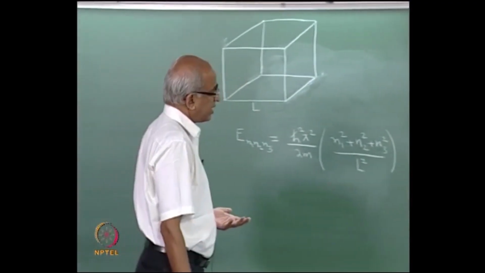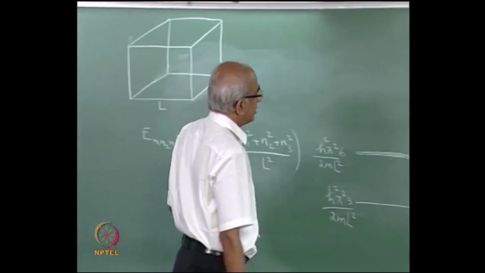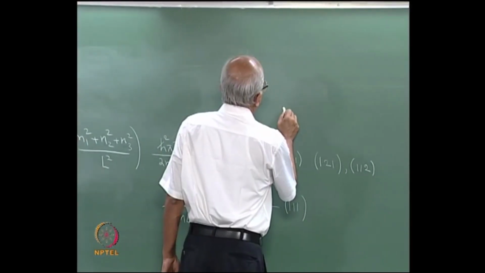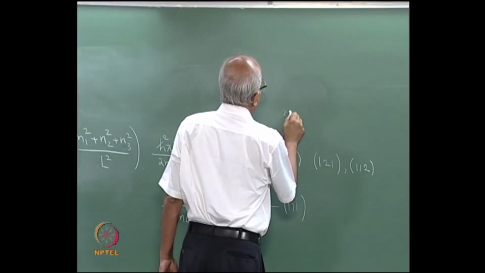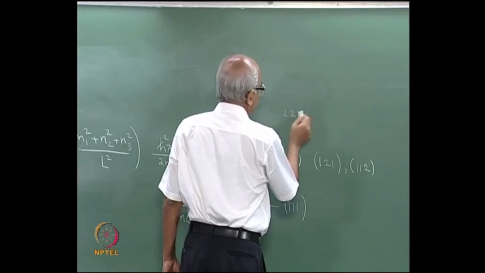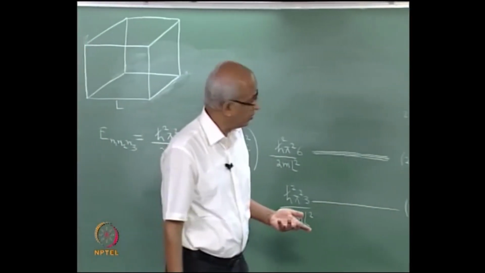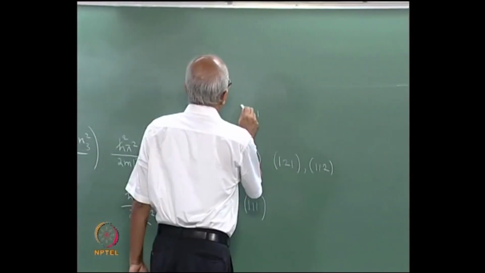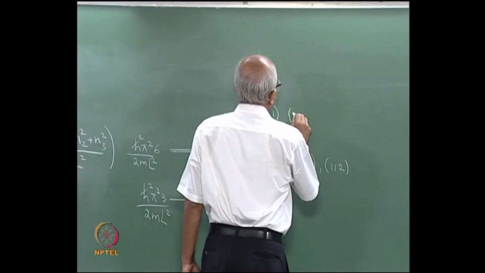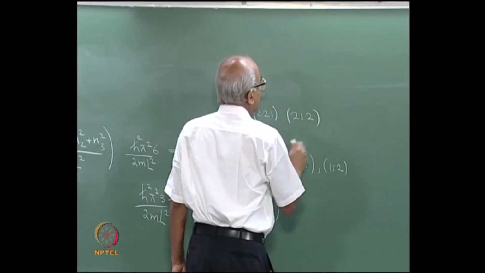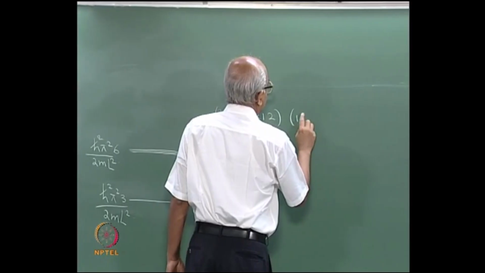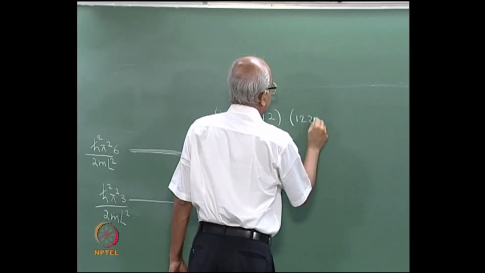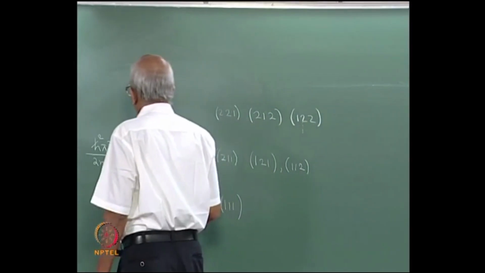Then what would be the next allowed energy level? It is obvious that it would be obtained by putting, let us say, 2 of the quantum numbers equal to 2. So, for example, we can have 2, 2, 1, then 2, 1, 2, or 1, 2, 2. All of them will have precisely the same energy. How much will be the energy?